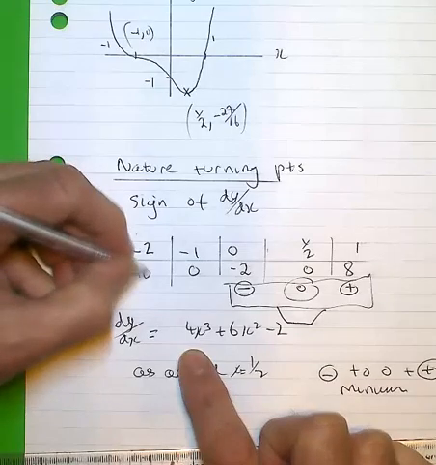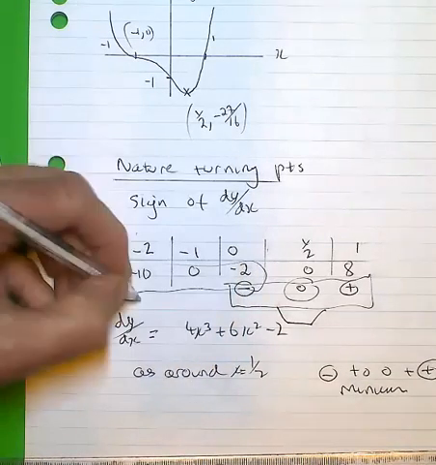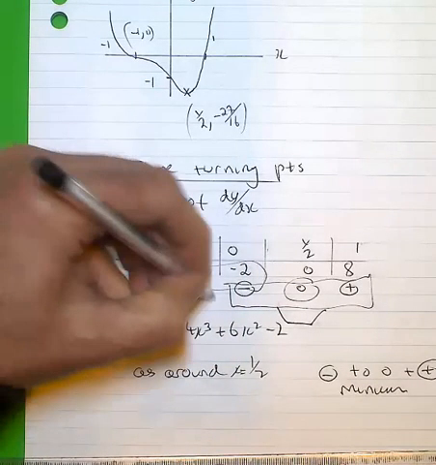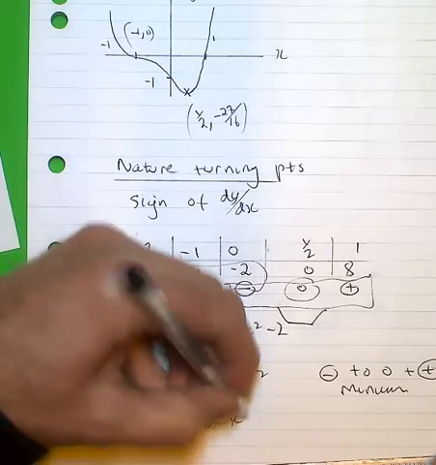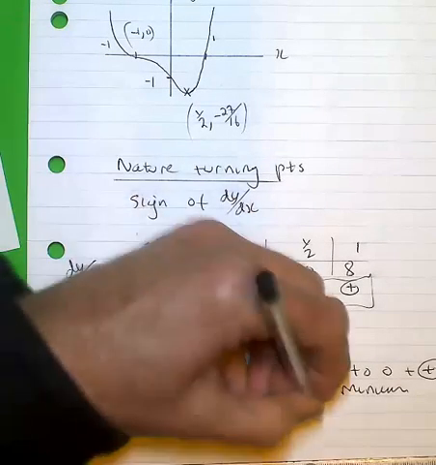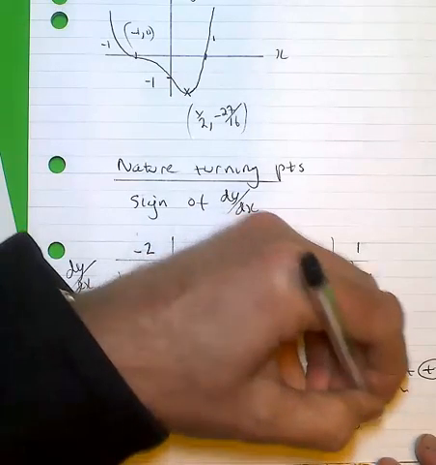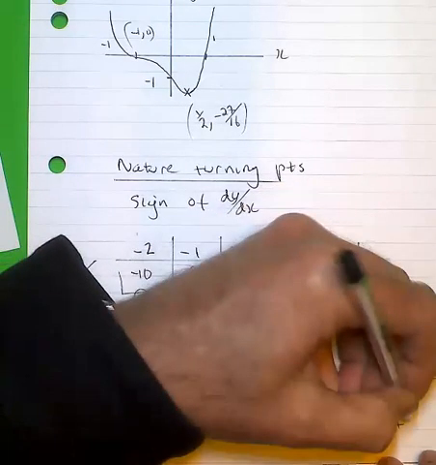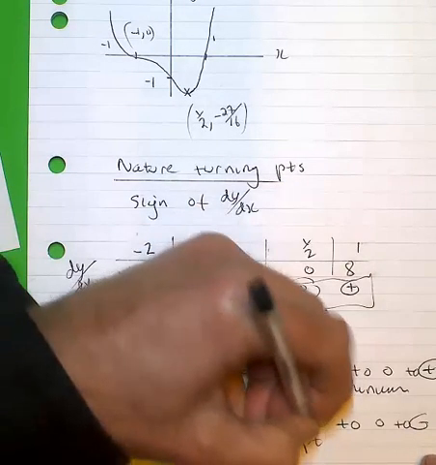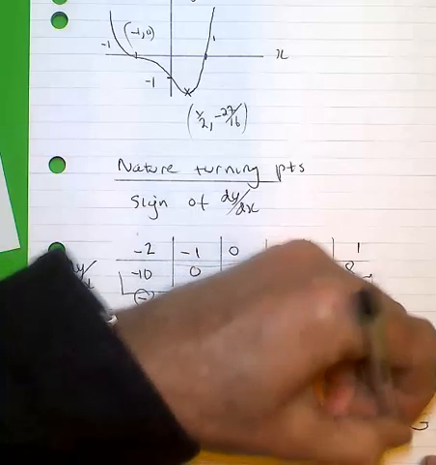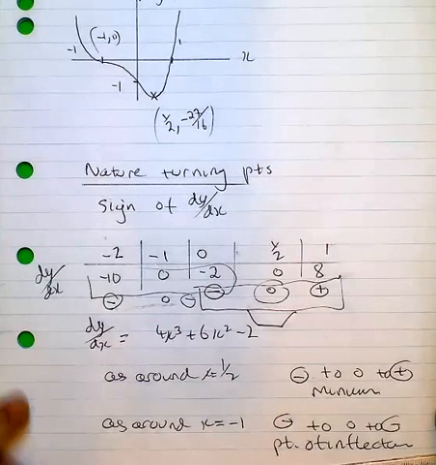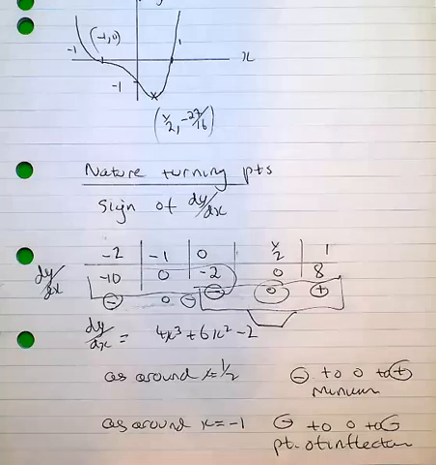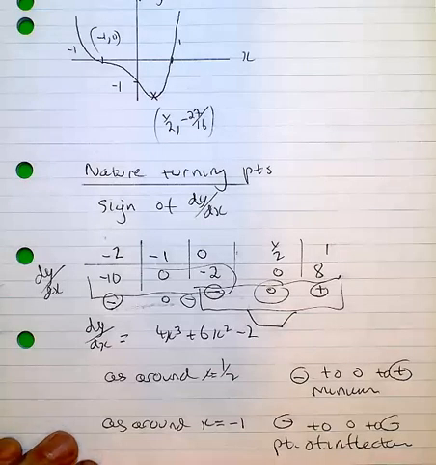It'll end up being negative 10. So what I've got here, I've got a negative to 0 to negative. So around x is equal to negative 1, negative to 0 to negative, a point of inflection. So even though that is slightly beyond the course, with a bit of patience and obviously using your calculator to help, you can work that out.